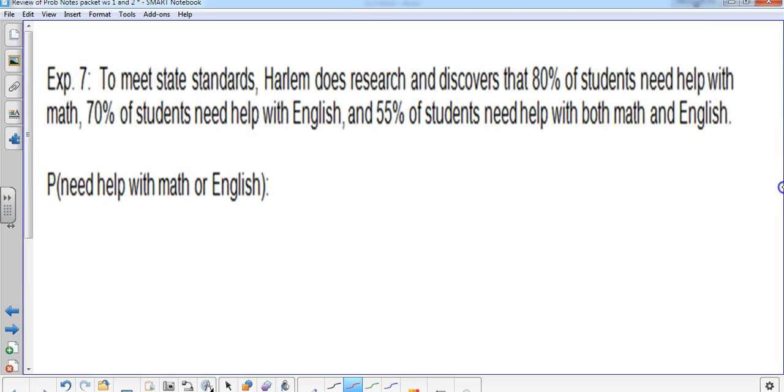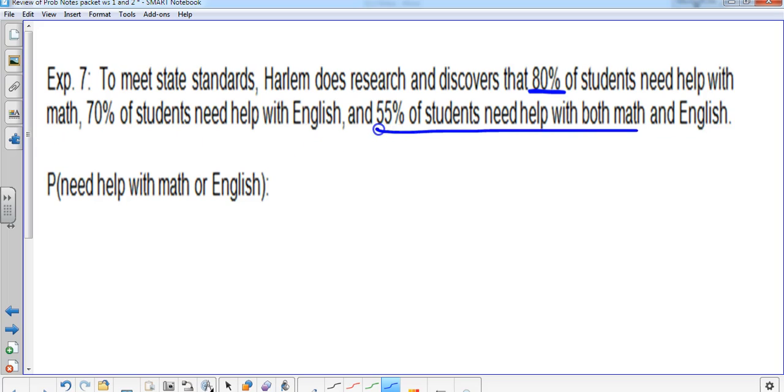All right. We're going to quit in just a second here. This one says, to meet state standards, Harlem does research and discovers that 80% of students need help with math. Okay? 70% need help with English, and 55% need help with both. Now, guys, when they quote this 80%, is that need help with math only?